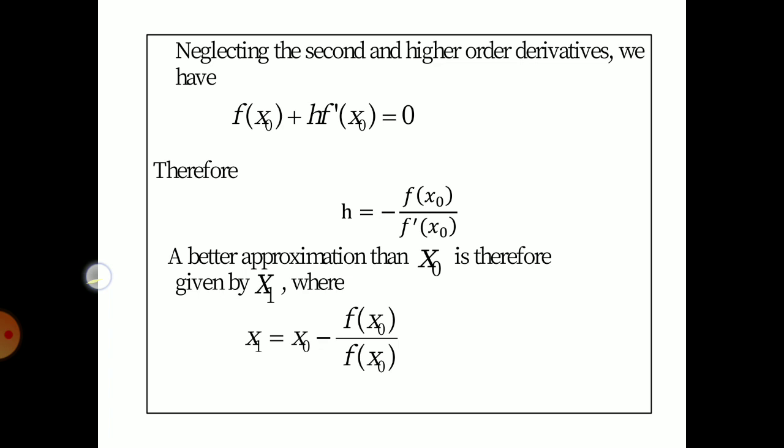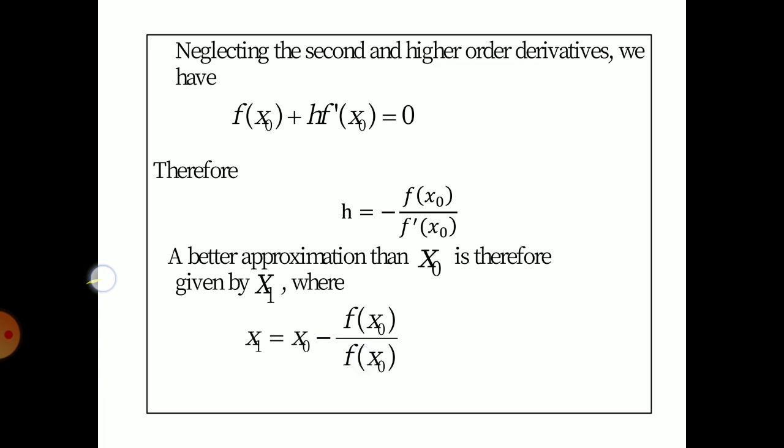But what is our actual or correct root? It is x1 = x0 + h. In x1 = x0 + h, put the value of h, and therefore the next approximate root is given by x1 = x0 - f(x0) / f'(x0).